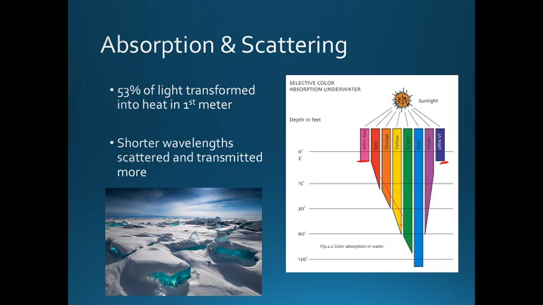They get scattered more, but it's a weird property of water that even though violet light has more energy than blue light, it doesn't penetrate as deeply, just due to the properties and molecular structure of water and the electrons in that water, but I don't really want to get into that. But blue light travels the furthest.